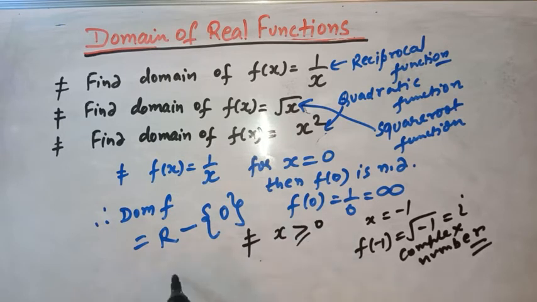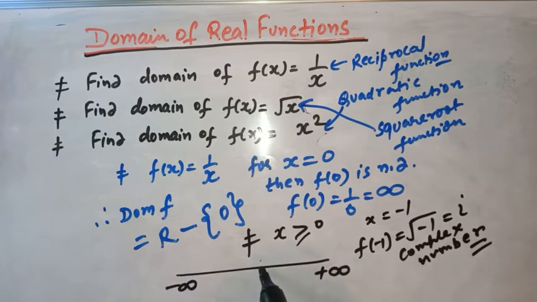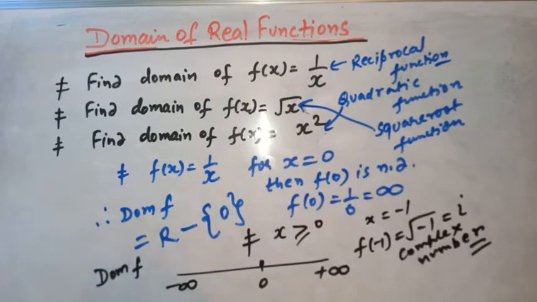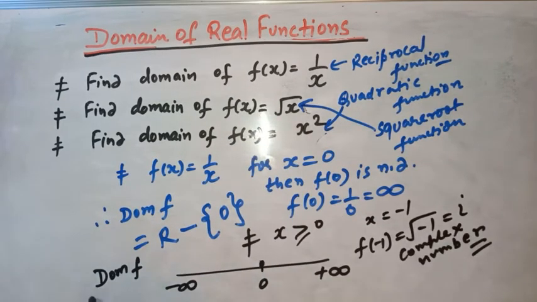So if I draw the real number line, here suppose we have 0 and this 0 is also included. So the domain of this function f is from 0 to infinity. Clear?